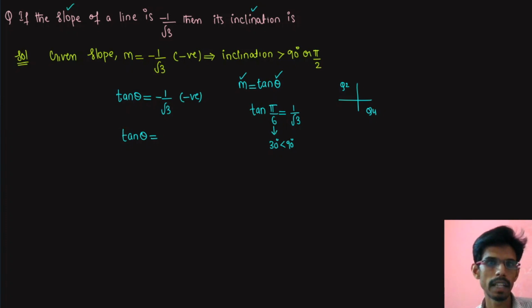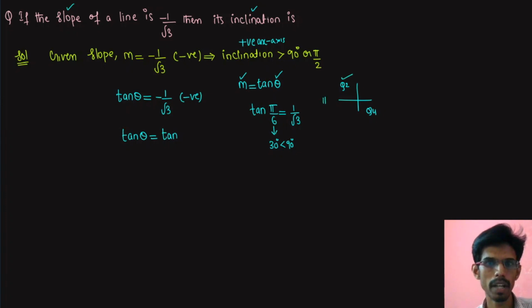Inclination is measured with respect to the positive direction of the x-axis. Here the angle of inclination will be in the second quadrant.